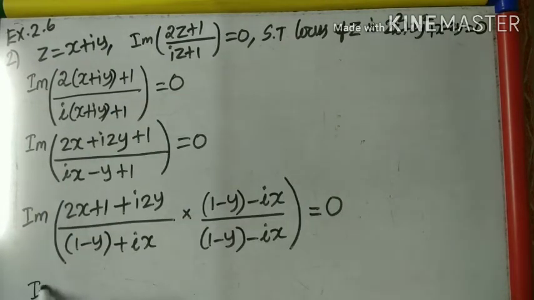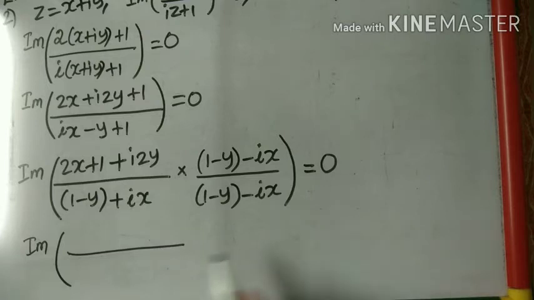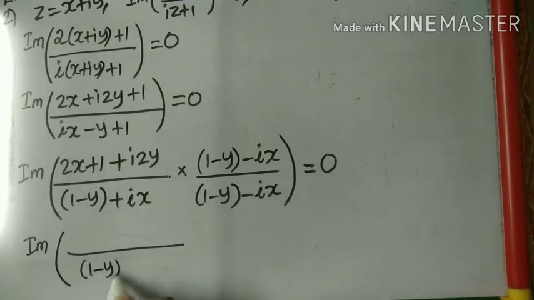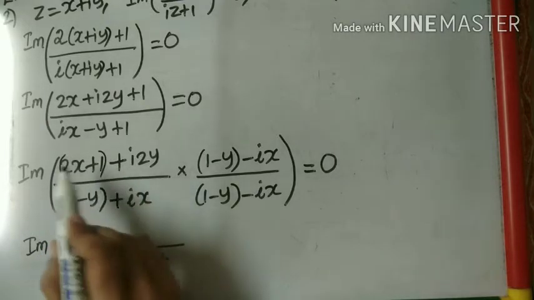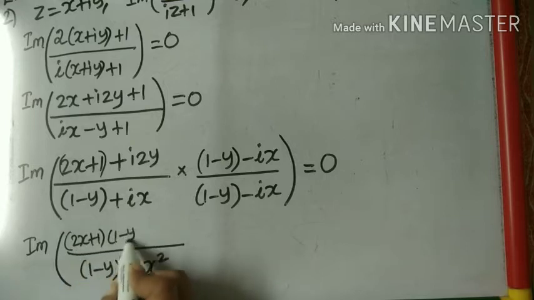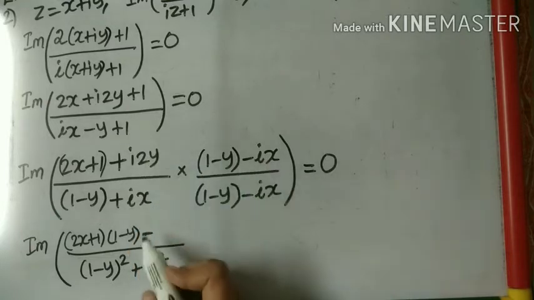Now the denominator is a plus ib, a minus ib. How do we write it? a square plus b square. So 1 minus y the whole square plus x square. And the numerator is 2x plus 1, so real into real: 2x plus 1 into 1 minus y, minus imaginary and imaginary.